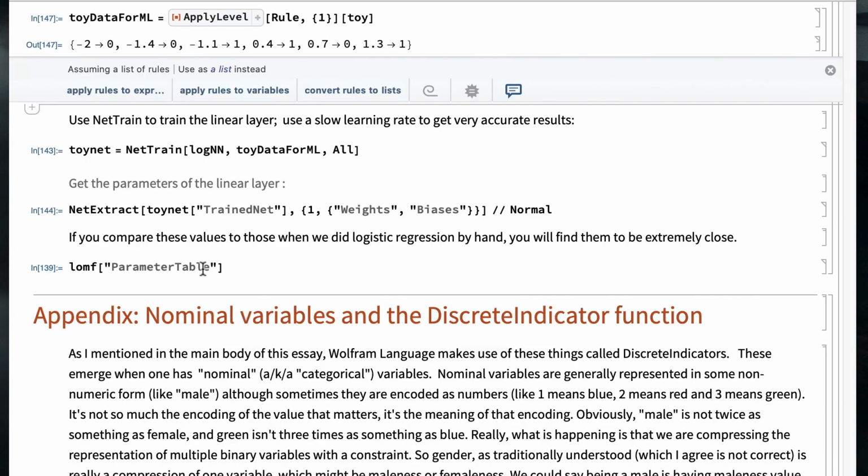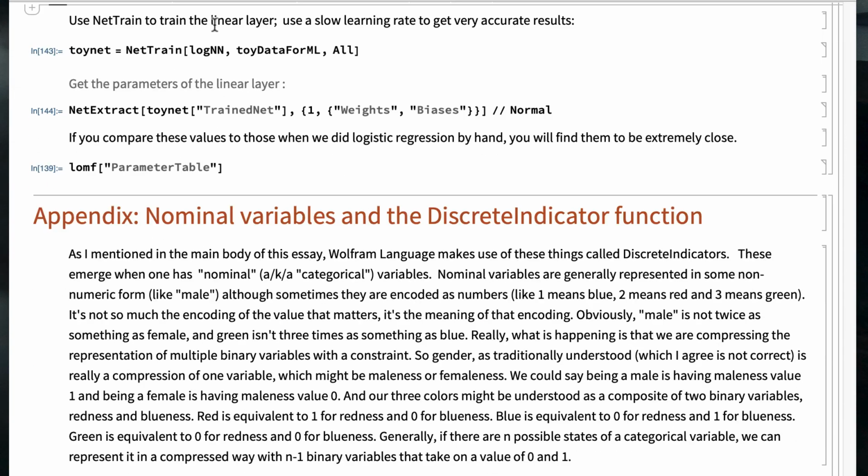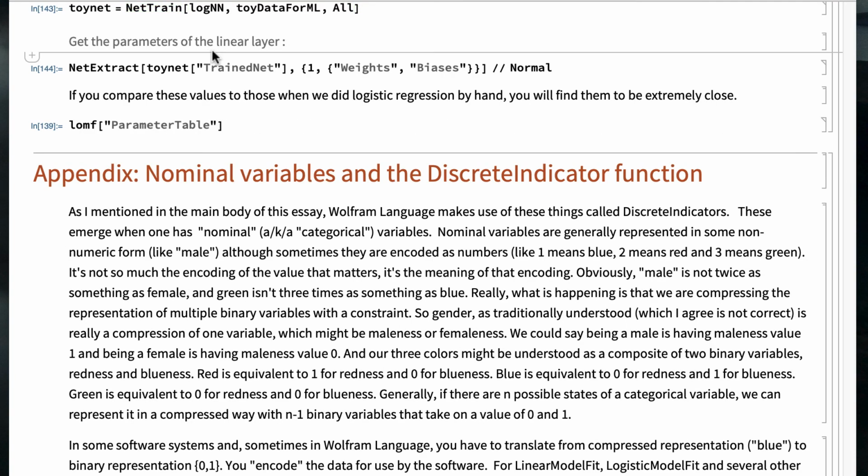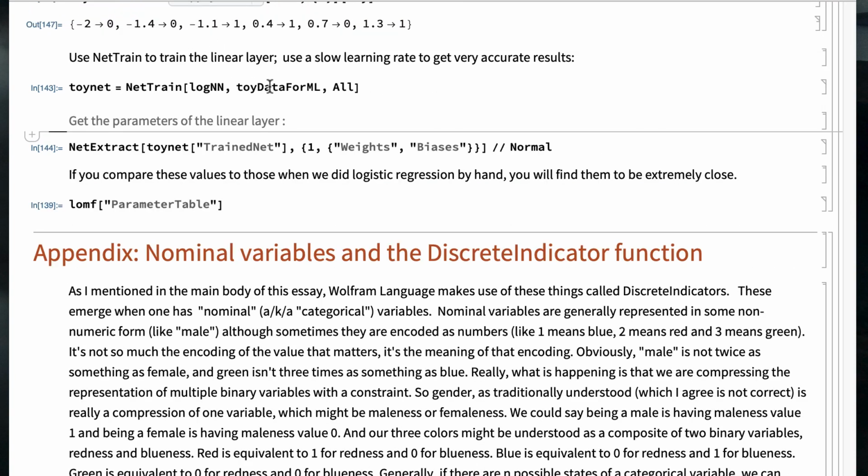And now let's do our training. Our training should not take long because this is a very simple problem. The arguments to NetTrain, which is what you use to train the network, are our architecture, our data in the right format, and this optional argument, which is what do you want back, and I want to get everything back because I like everything. So let's run it.